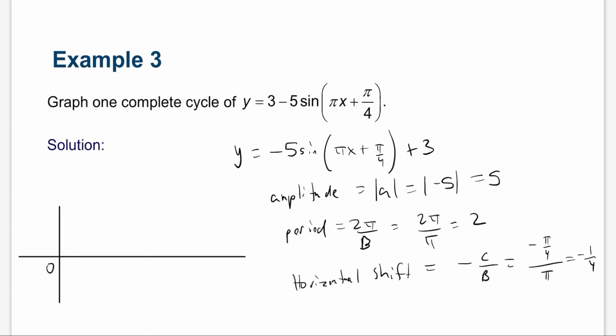So this is 0. Let's see. We want to start our graph. Oh, I forgot to set this part. We set our argument between 0 and 2 pi. So let's do that. All right, now we need to solve for x, so subtract pi over 4.